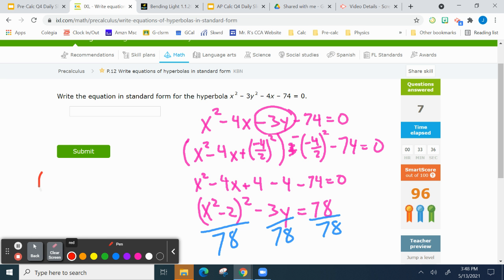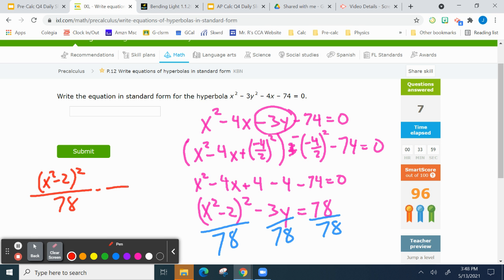So we're going to have x squared minus 2 squared over 78 minus, and then does 3 go into 78? Yes, actually it does, which is a good thing because that makes me confident. 78 divided by 3 is 26.